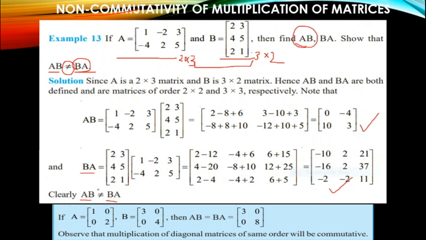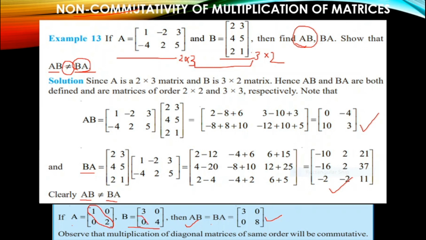Before that, if we have matrix A and matrix B, when you multiply AB and BA, you're getting equal. What will be the reason? Did you notice it's a diagonal matrix? Because its non-diagonal elements are 0.